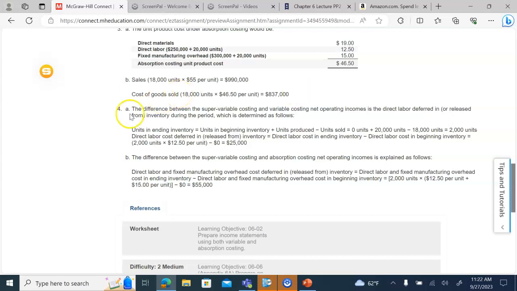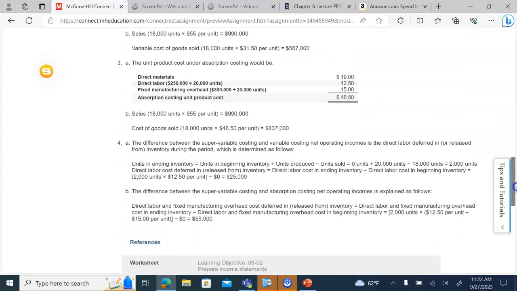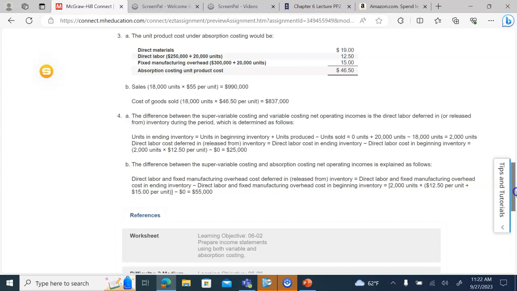Then you take those various costs to show that 25,000 was sitting direct labor deferred in inventory under the variable costing, and then the variable costing net income. So basically, here, let me just give you this. This helps you see how you can reconcile between the different methods.